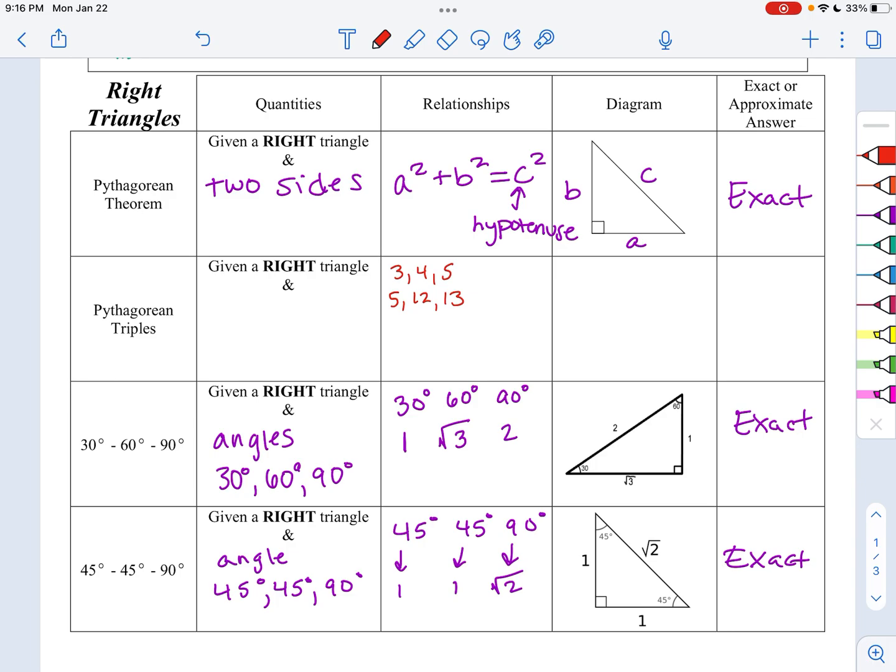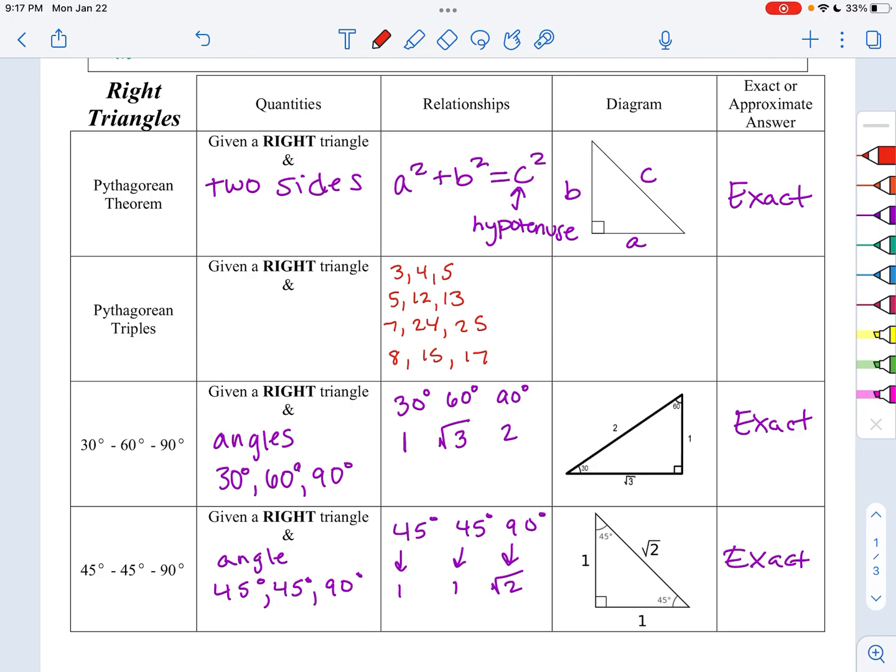That's a Pythagorean triple. 7, 24, 25. And 8, 15, 17. There are more Pythagorean triples like 9, 40, 41, or 11, 60, 61, or 12, 35, 37, but we won't bring your work in beyond these 4 sets of triples.